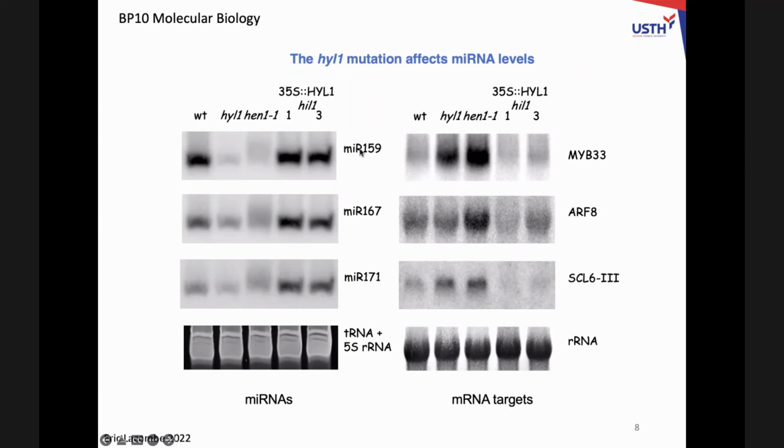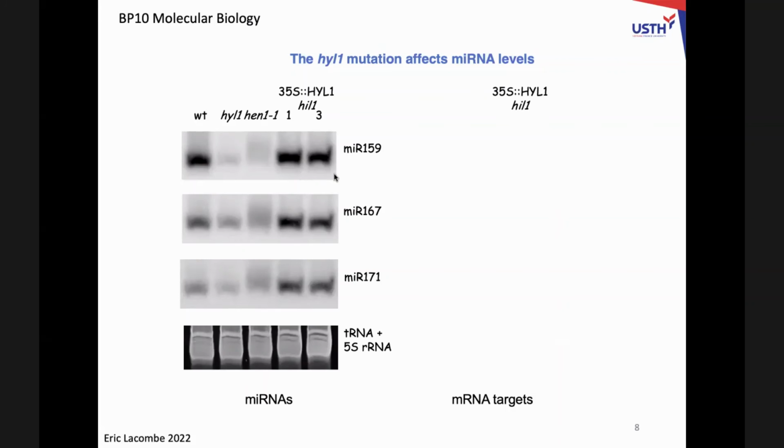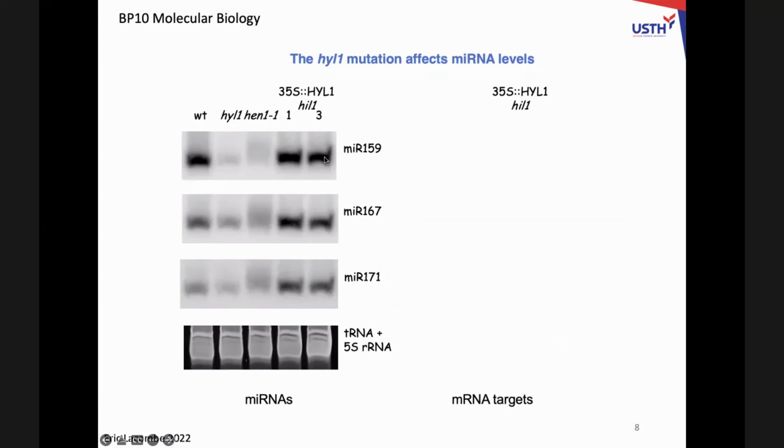Then if you check the accumulation of these microRNAs in different mutants of the biosynthetic pathway of the microRNA, like HYL1 that we saw. If HYL1 is mutated, or HEN1 as well, the microRNAs cannot be produced because this step is blocked.